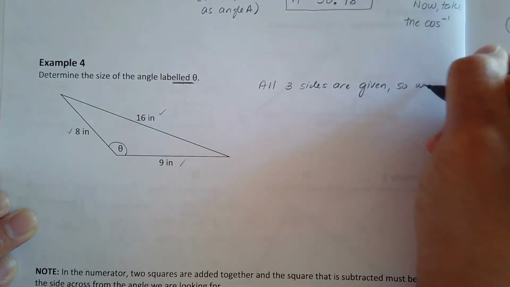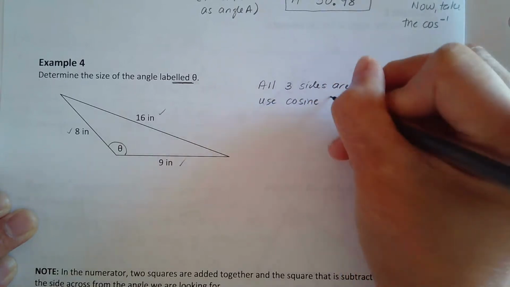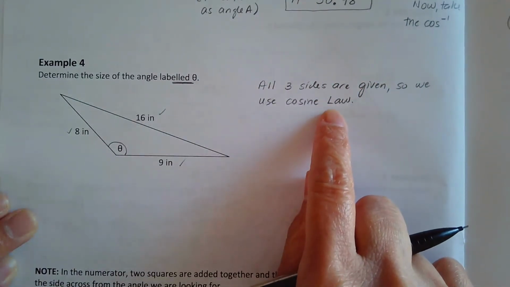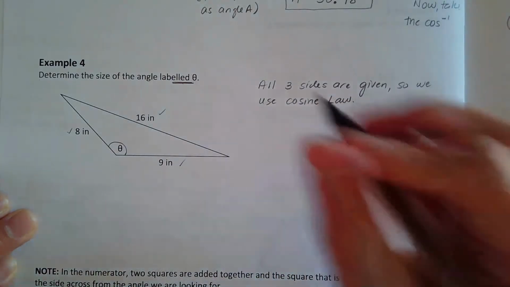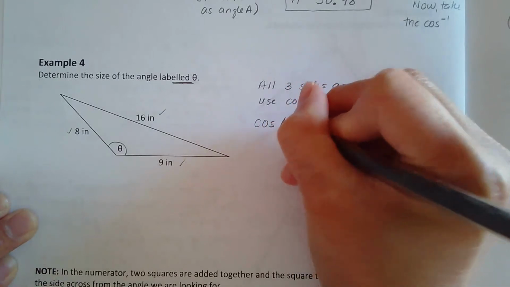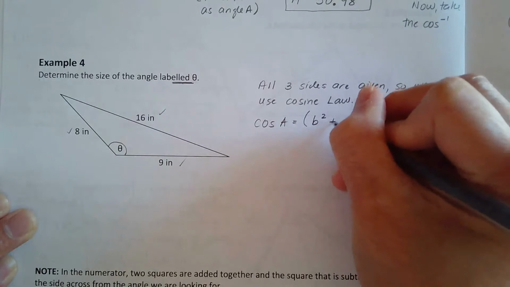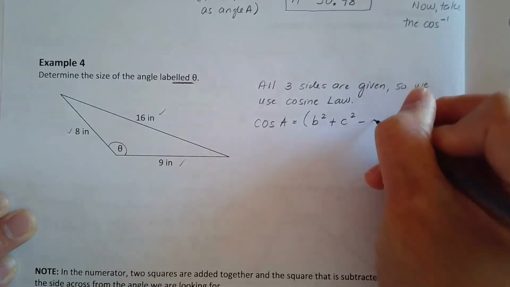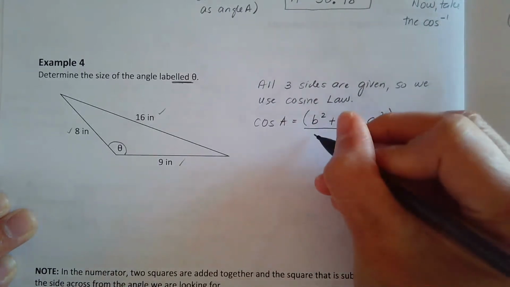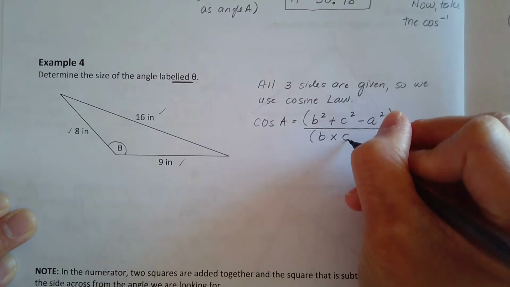So we use cosine law. And remember, there are two cosine laws. We're going to use the one that has the cosine of angle A. Cosine of angle A is equal to brackets b squared plus c squared minus a squared brackets, and then divided by open brackets again, 2 times b times c.